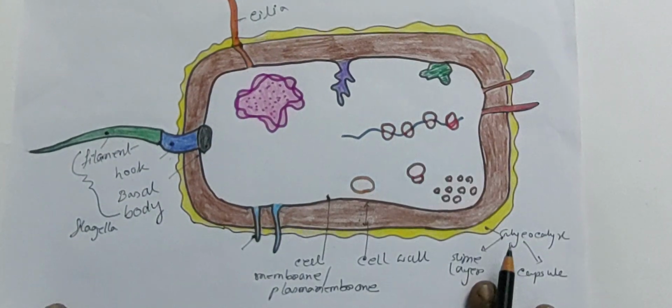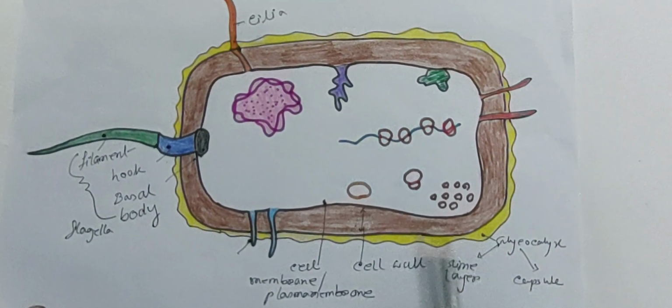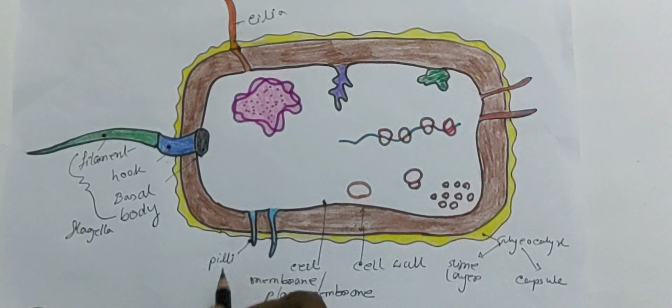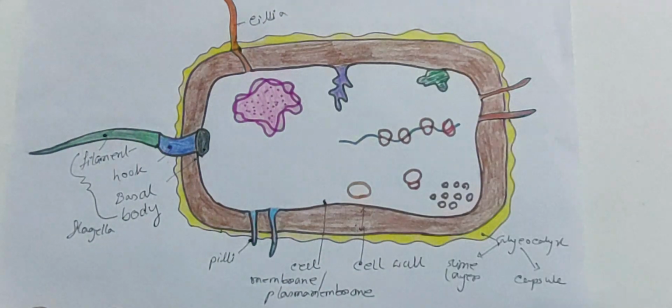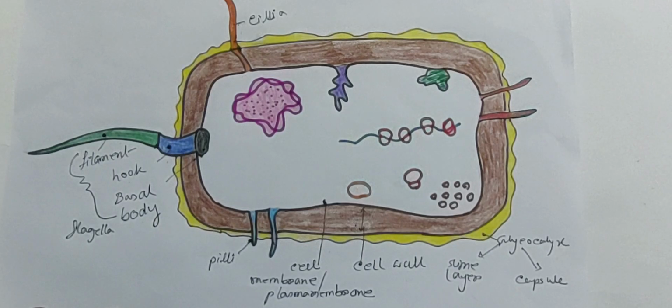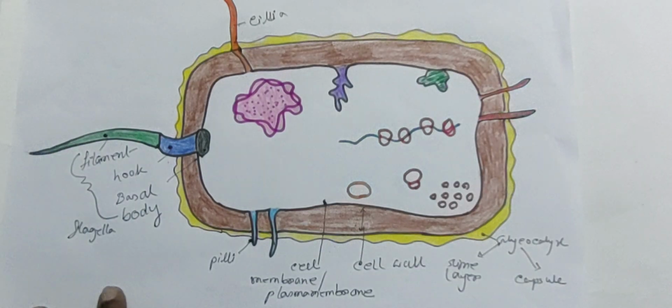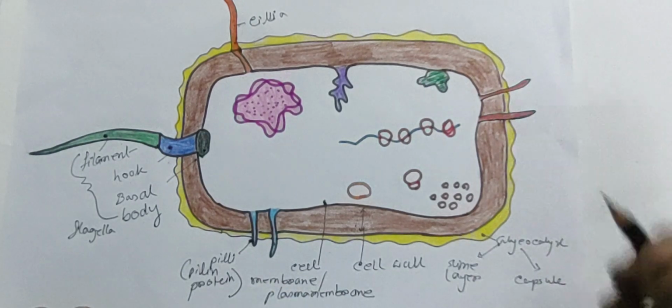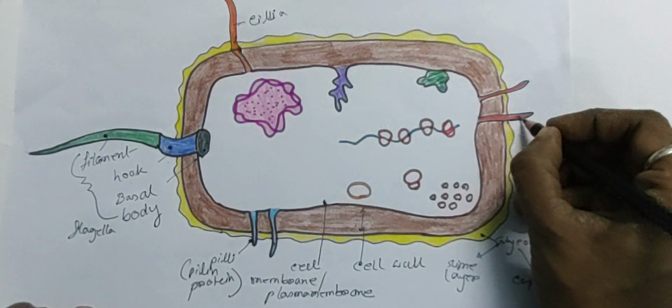And there are another two structures. This is the pili, which is made up of pillin protein. And this is fimbriae.